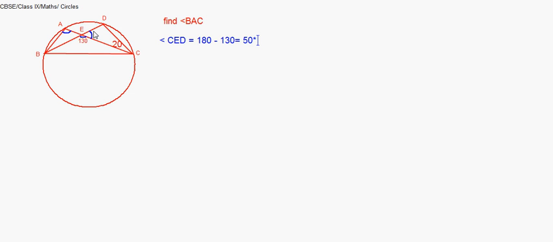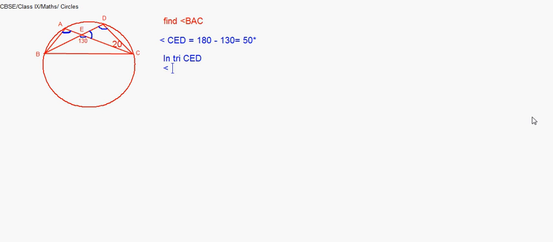Now in this triangle, the small one CDE, let us understand why we are doing this. We are doing all the process to find this angle, which is actually equivalent to angle BAC. Why? Because angles drawn on the same segment are equal. Now look at the triangle. In triangle, the small one CED, what do we get?